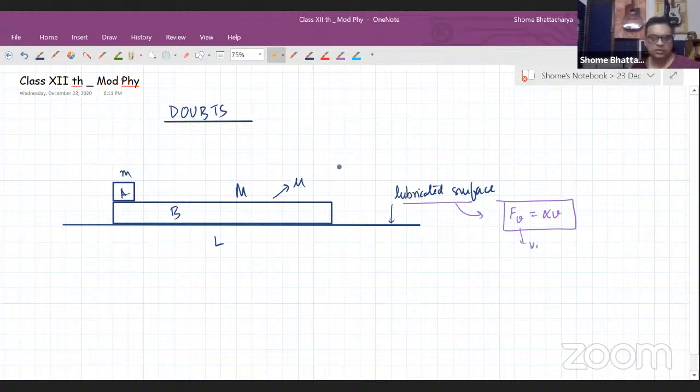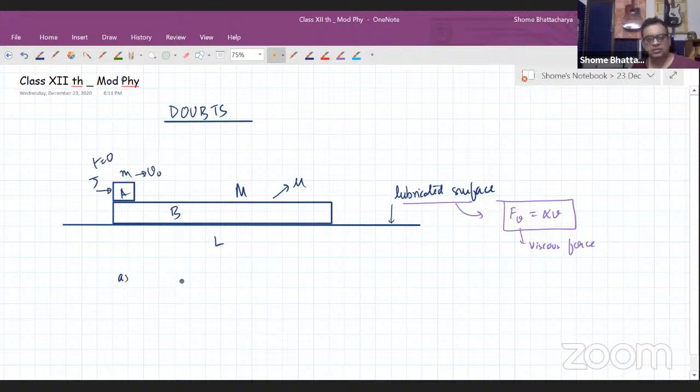It applies like this. Now, initially at t equal to 0, the block is imparted a velocity v0. So you're applying a sharp impulse, which is giving this a velocity v0. We have to find the total distance slid by the block relative to the plank.